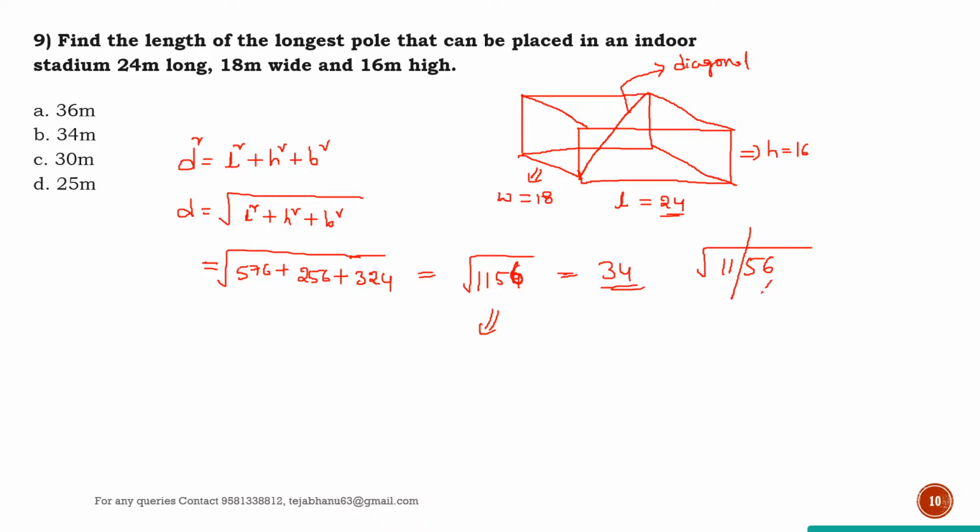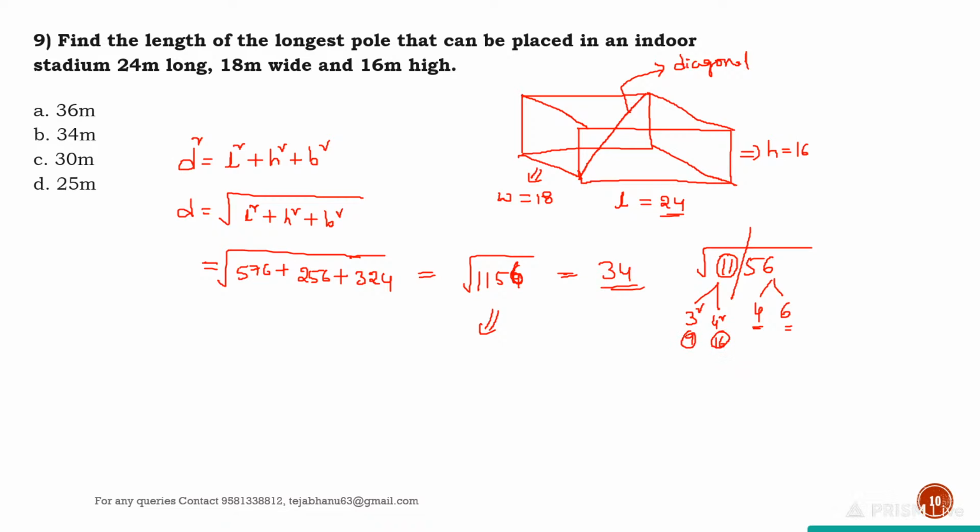As it is ending with 6, 4 square is 16 and 6 square is 36, so either the last digit will be 4 or 6. The front digits, the remaining number 11, is in between 3 square, 9, and 4 square, 16.